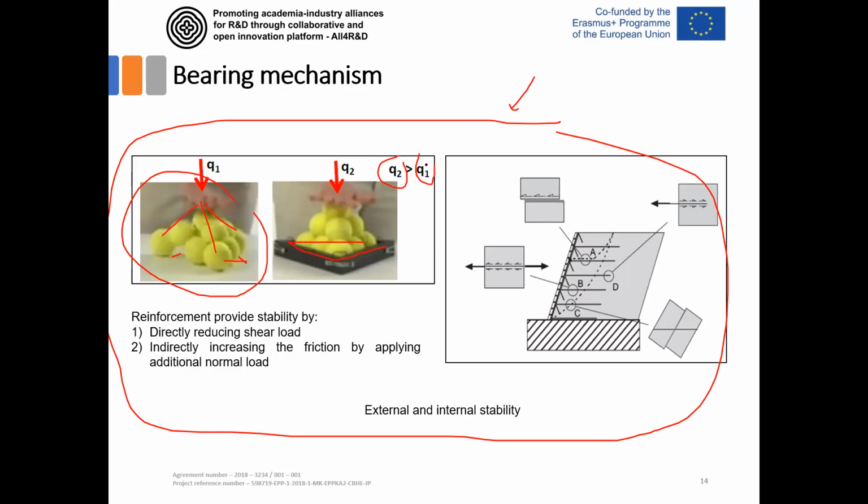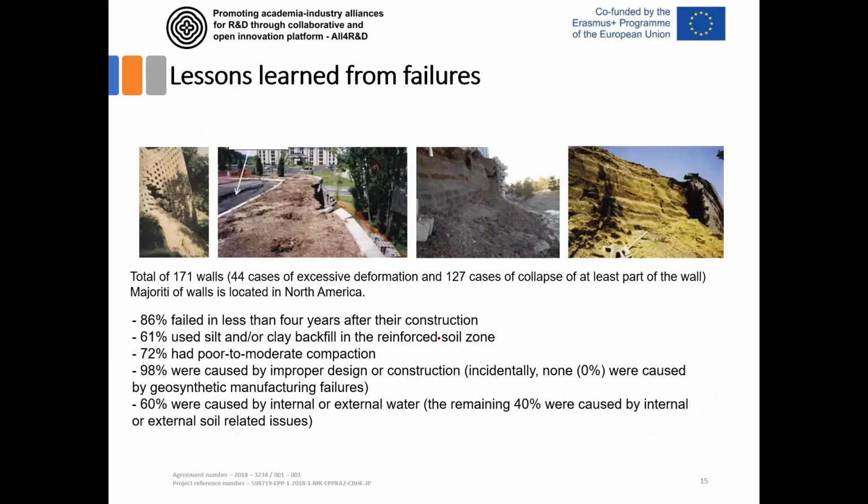You probably won't even be able to separate these balls from each other. That's exactly what this reinforcement does. It holds these non-cohesive materials together, preventing failure and preventing the particles from separating from one another.